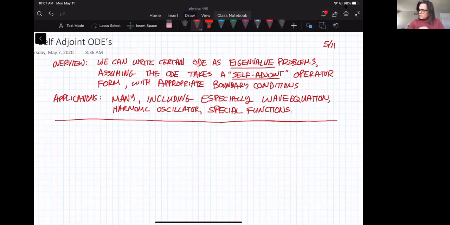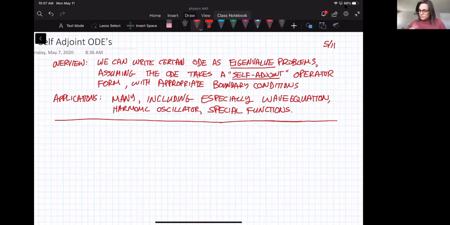Where it really gets beneficial is when you look at specialized functions, so the Laguerre polynomials, the Hermite polynomials, and all those things. So that's where we're headed. I had to use scratch paper to fill in some of the gaps in your book's derivations, so we'll go through that today.